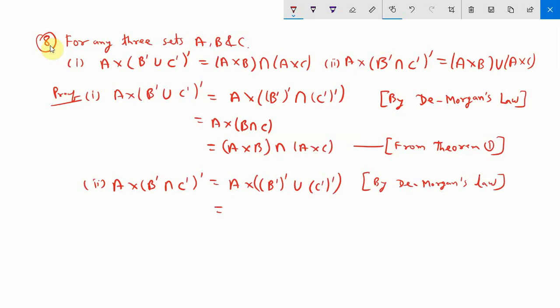So this can be written as A × (B ∪ C), and this is equal to (A × B) ∪ (A × C) from theorem 1.